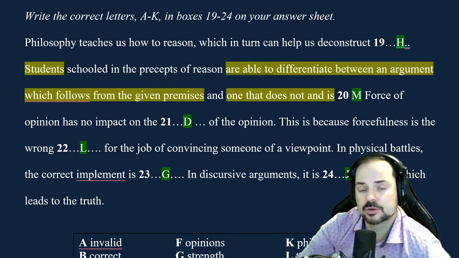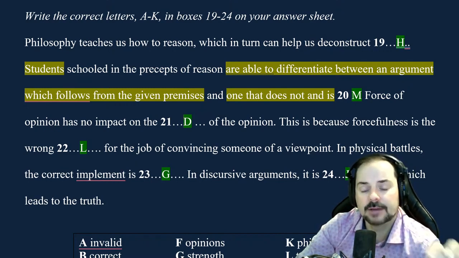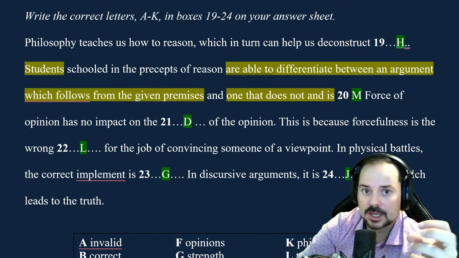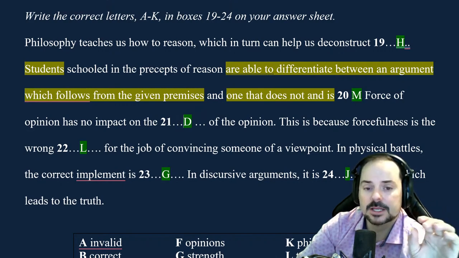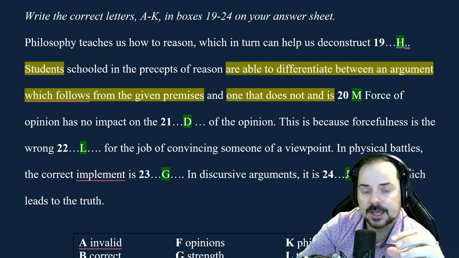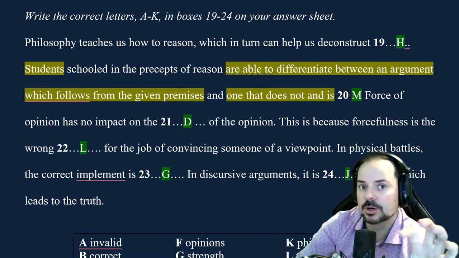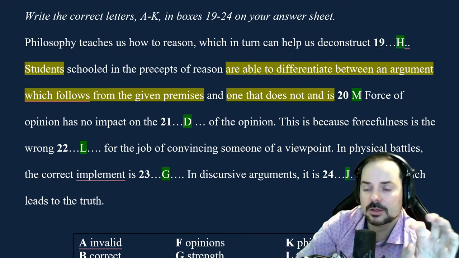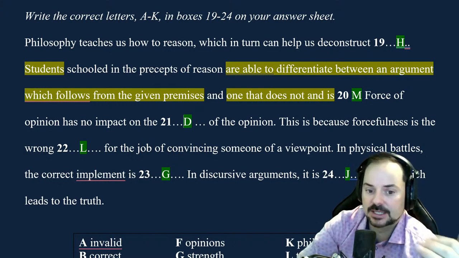The trick here that I'm showing everybody with your help and with Ipshita's help is that you have to try to figure out what goes into the blank on your own first, and then look at the choices.